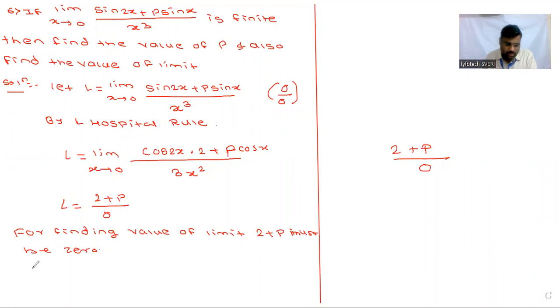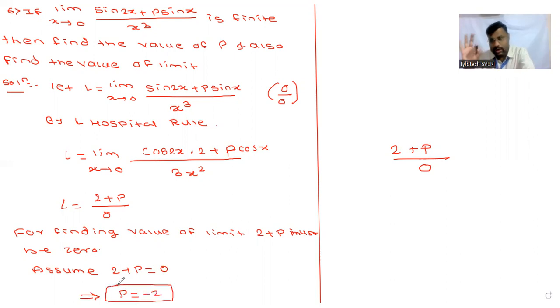So assume 2 plus p is equal to 0. This implies p is equal to -2. As you got the first value, p is equal to -2. Everyone clear?